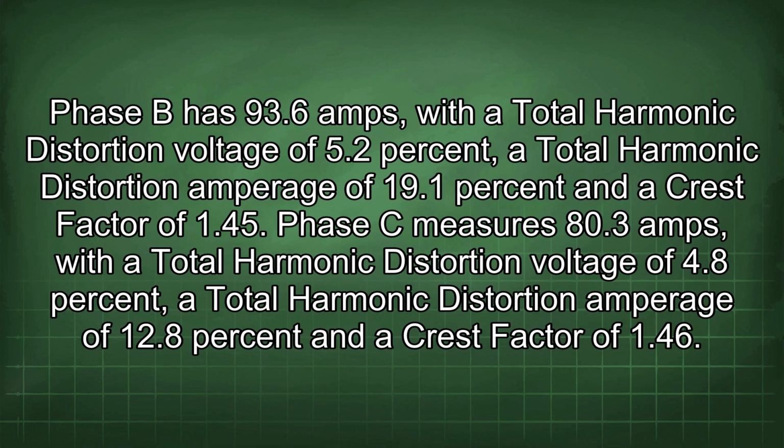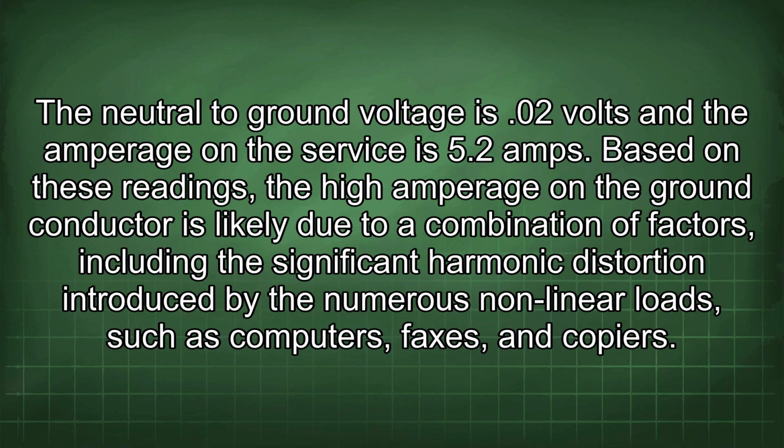Phase C measures 80.3 amps, with a total harmonic distortion voltage of 4.8%, a total harmonic distortion amperage of 12.8%, and a crest factor of 1.46. The neutral to ground voltage is 2 volts and the amperage on the service is 5.2 amps.